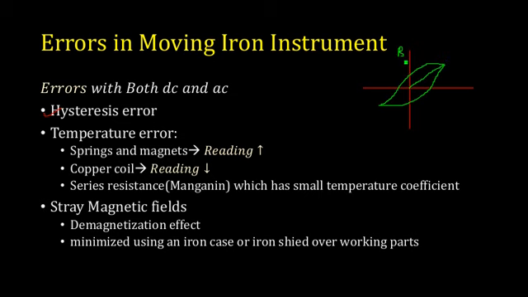This is B-H. This hysteresis curve basically gives a relationship between the variation of magnetic intensity and the flux density, or it can also be plotted between phi and I, the current varying and the flux.